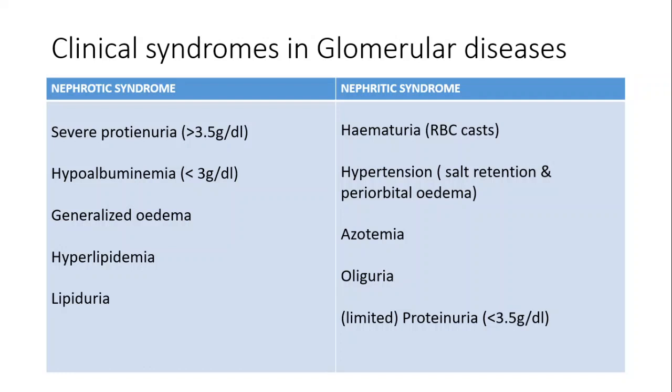The second classification is local glomerulonephritis and systemic glomerulonephritis, or you can say primary glomerulonephritis and secondary glomerulonephritis. Certain glomerulonephritis, for any reason, will target only the renal function and directly damage the glomeruli; it will be labeled as primary glomerulonephritis, or local glomerulonephritis.